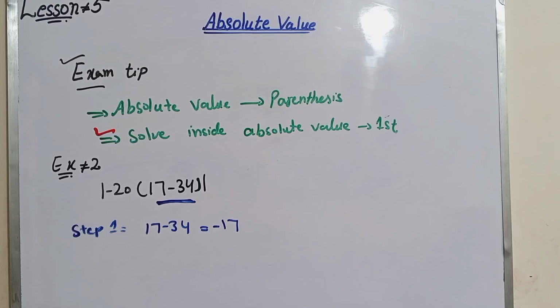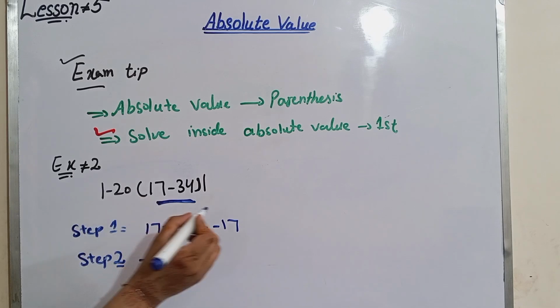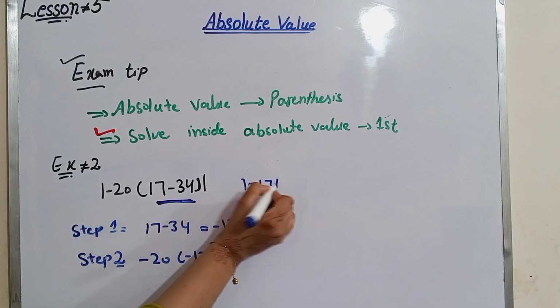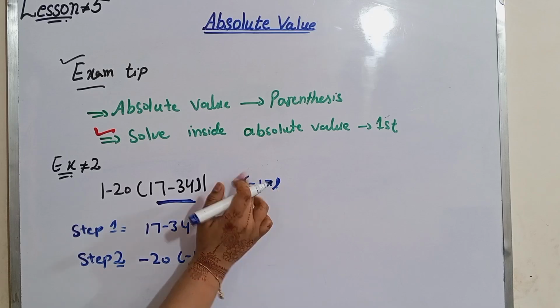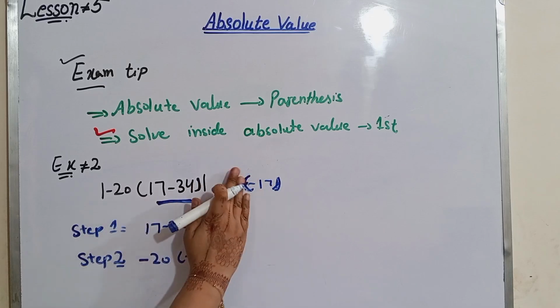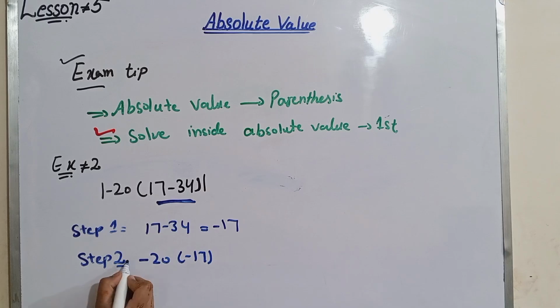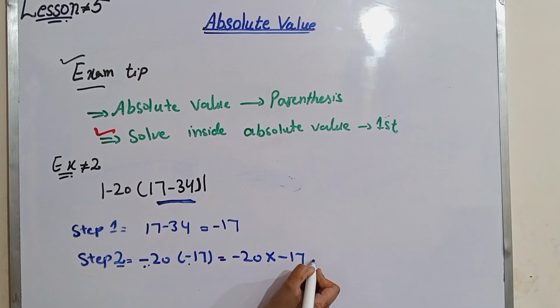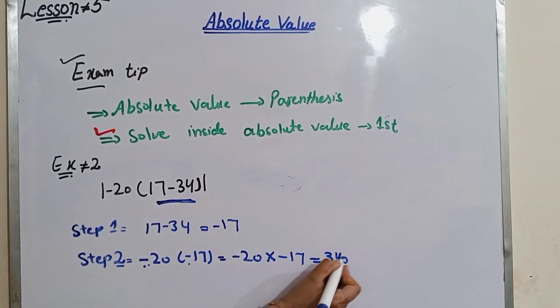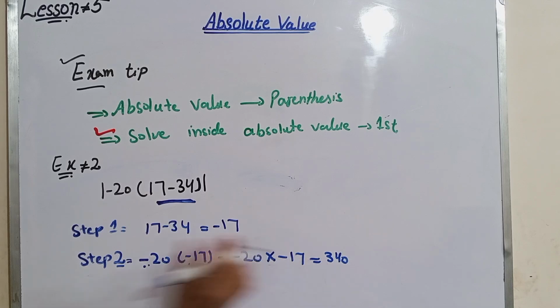In step 2, there is minus 20 times minus 17, because this minus 17 is not in brackets. These are not parallel lines, not absolute value. You should understand this. So minus 20 multiplied by minus 17 will become 340, because minus times minus becomes plus, and 20 multiplied by 17 is 340.